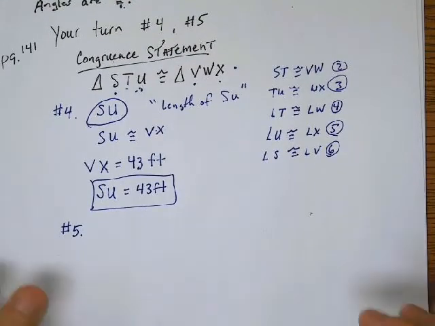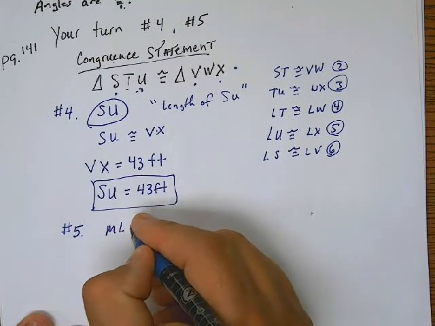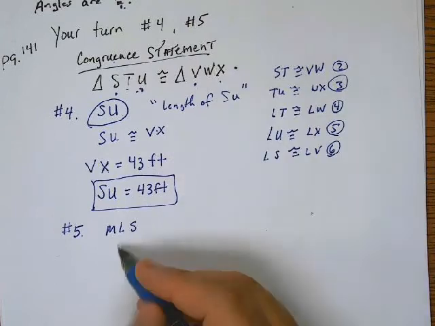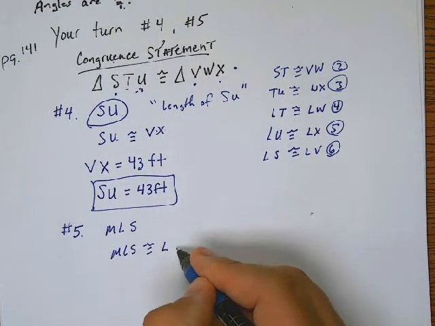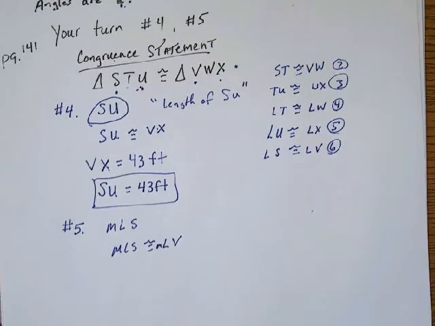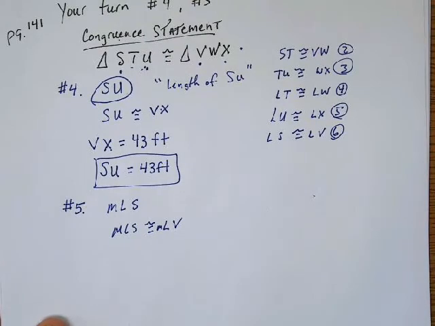All right, same diagram, but on number 5 they want us to find the measure of angle S. If I look at my congruent statement, I know that the measure of angle S is congruent to the measure of angle V. Looking at the diagram, what's the measure of angle V in the picture?